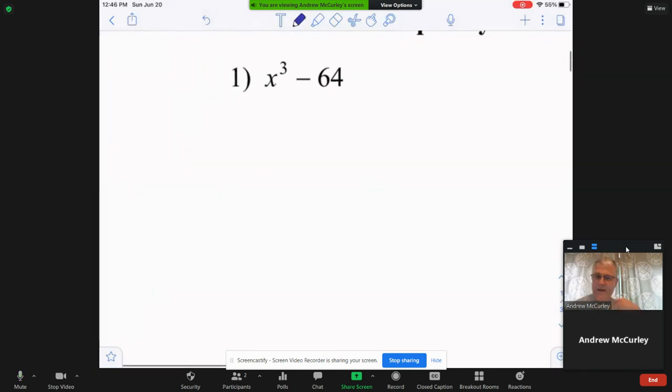So here we go. X cubed and 64, those are both something that we can take cube roots of. I like writing it out this way too, just to think. I know X is something I can cube. That would give me X cubed. Minus, so it's a difference. And what's the cube root of 64? Well, it's 4. 4 cubed is 64.